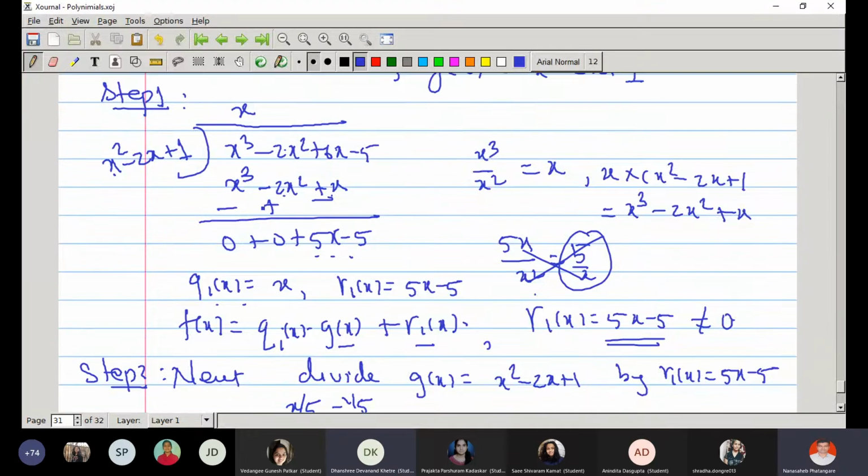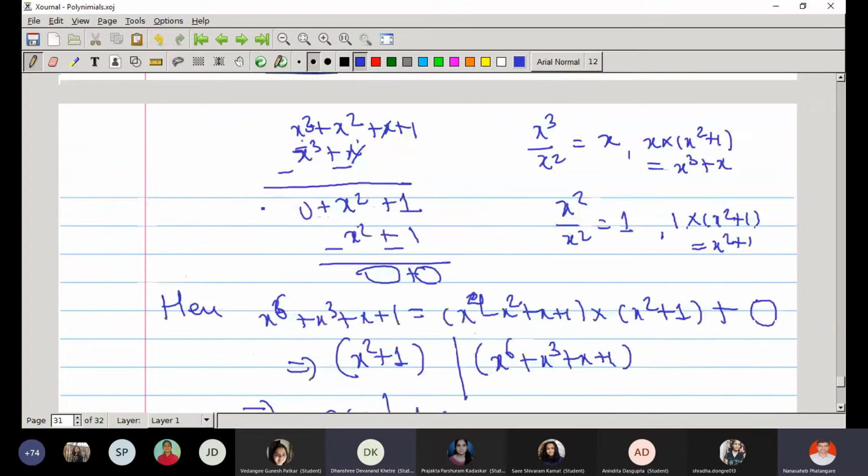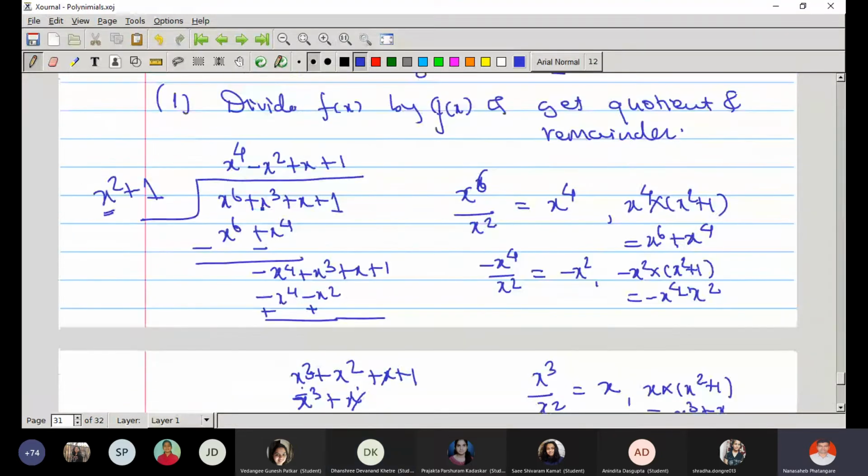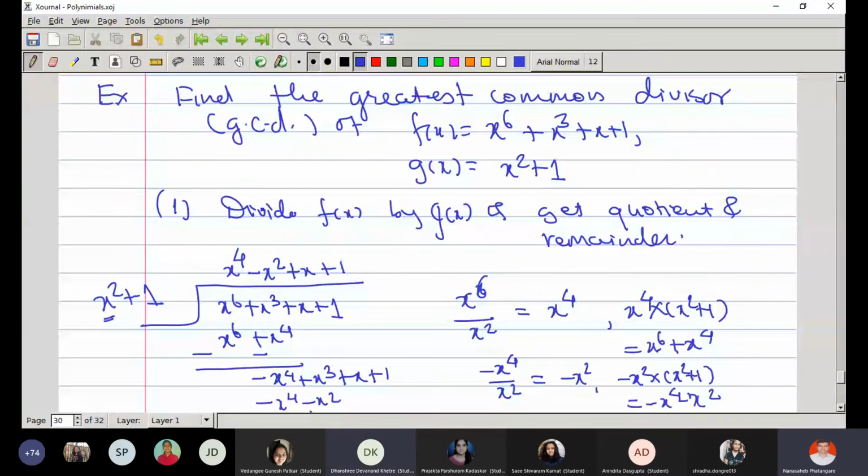In this case, remainder is 0, and therefore x square plus 1 itself is a GCD. Sir, in this case, I am getting remainder minus x. No, remainder is 0 because x got cancelled in the previous step.